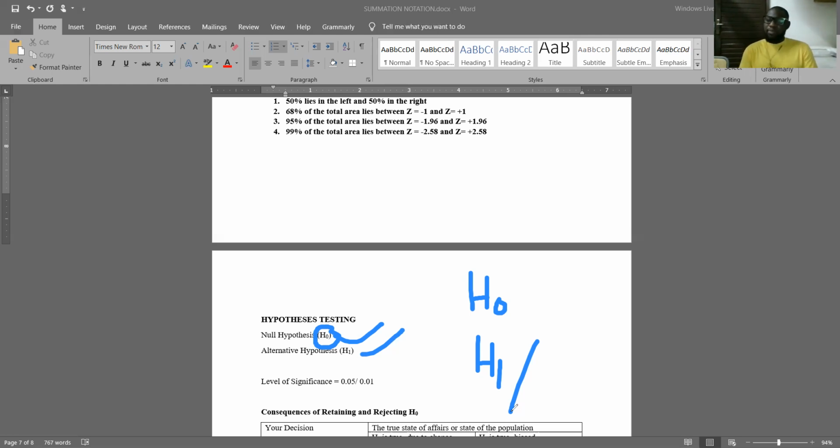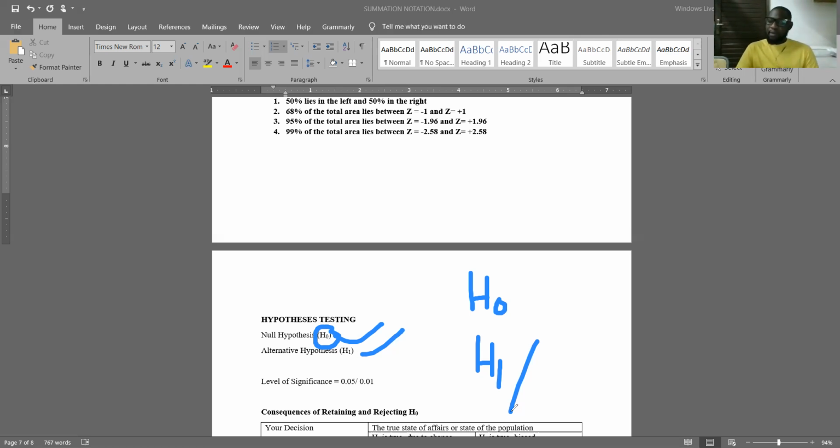A directional hypothesis in this regard has to do with the fact that they're telling you that of the two groups they are comparing, one will be greater than or less than the other. So I was comparing performance in statistics, and I've made my own prediction and indicated that one group will be greater than the other. I indicated males will perform better than females. So that's a typical directional or one-tailed hypothesis.